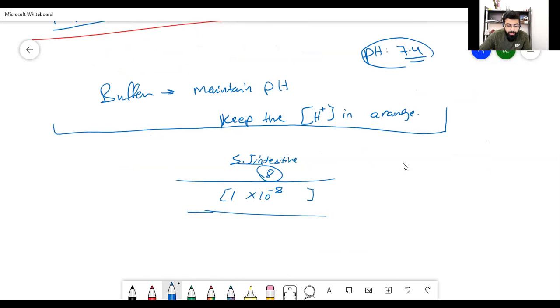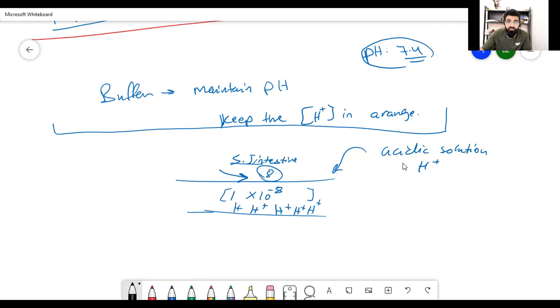Now, if you drink lemon juice, which is an acidic solution, it has much H plus. It's a strong acid with a high concentration of H plus. So that will increase the H plus in the small intestine and change the pH.